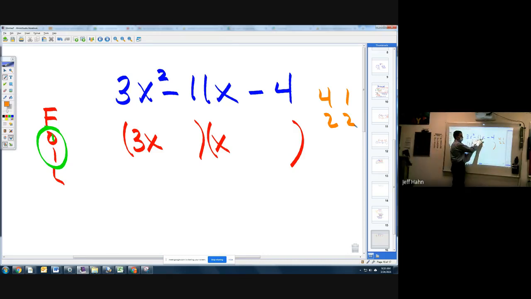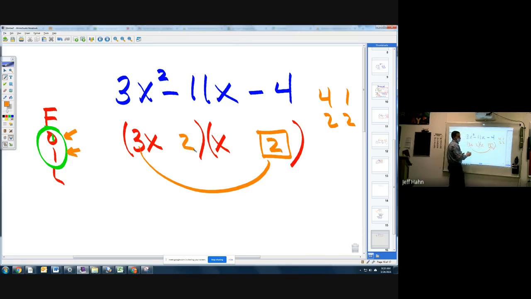To get this minus 11 term, that comes from when you add the outside and the inside terms. Whatever number you put here gets multiplied by this 3x. In other words, if I were to put a 2 there and a 2 there, this is 6x and this is 2x. And those are the two things you have to try to get a combination of to get an 11. Which with 10x, with that 6x and 2x doesn't give me that.